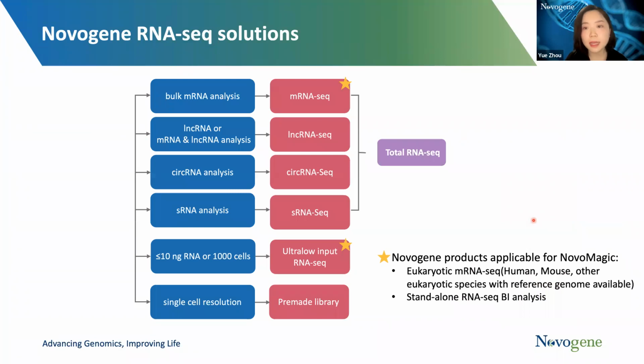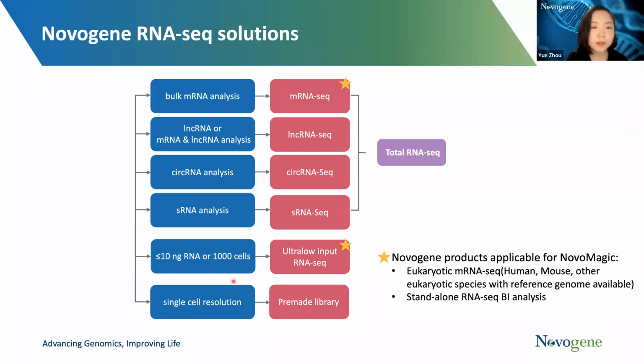More specifically, at Novogene, we have different solutions for RNA-seq. Here, we're just listing part of them that are more frequently used for gene expression analysis. So we have RNA-seq for the bulk RNA-seq analysis, and we have lncRNA-seq, circular RNA-seq, and small RNA-seq. If you want to study all of these four, it would be total RNA-seq.